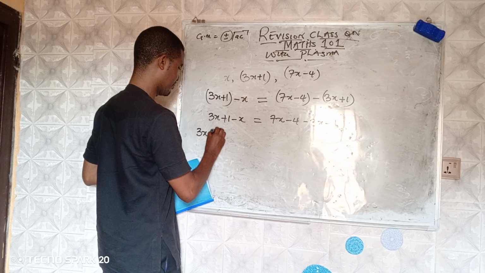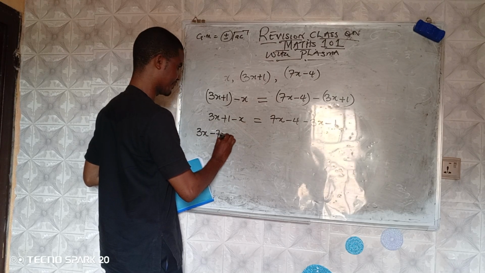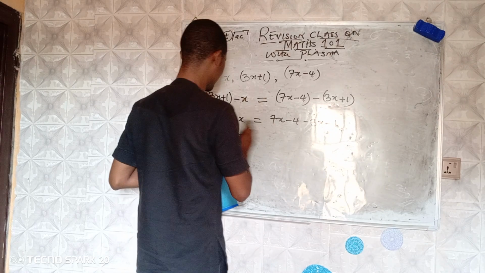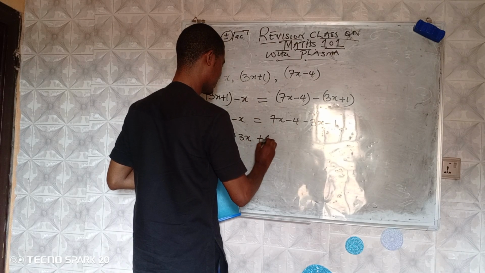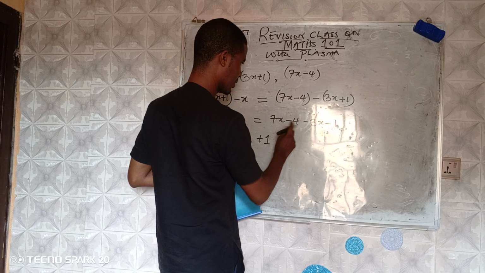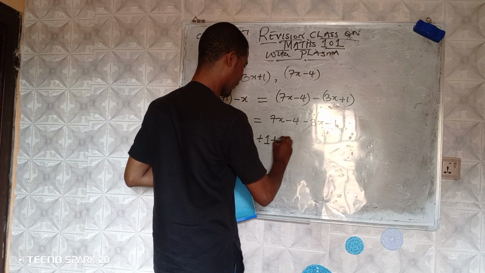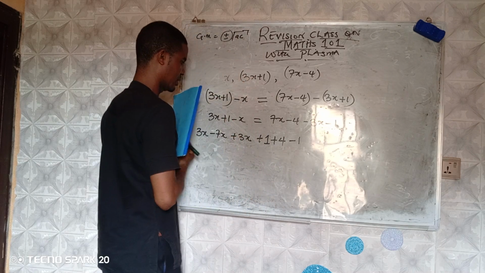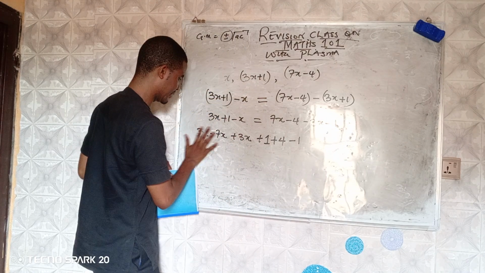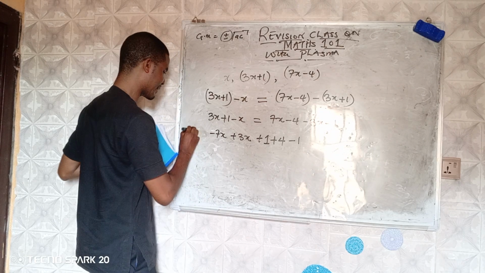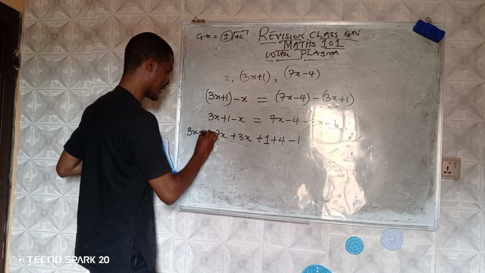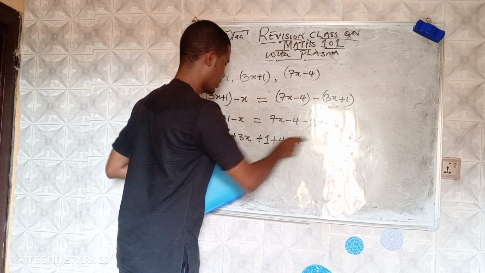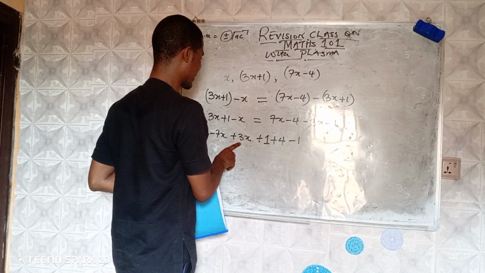3x minus 7x plus 3x. Okay, then plus 1 plus 4 minus 1. Let's start from 3x minus x, then minus 7x, then plus 3x, all the ones carrying x are over.